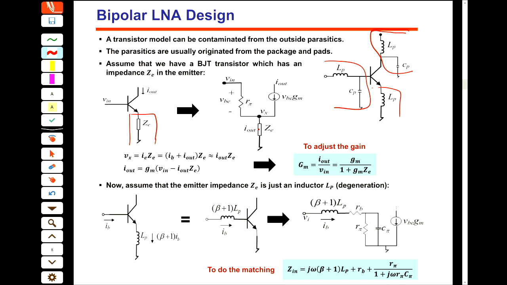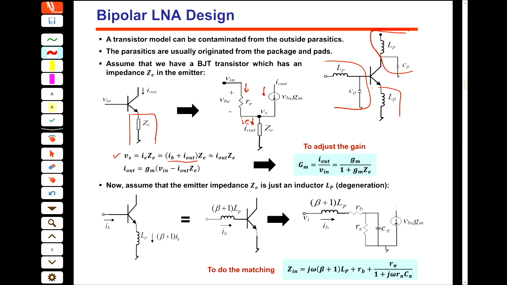If we have this ZE, I want to see what the effect of this is on the transconductance or the gain of my transistor. We see that the voltage at point Vx is the current passing through this line multiplied by ZE. I call this IE. And I know that this IE is the addition of the currents from this path and this path.